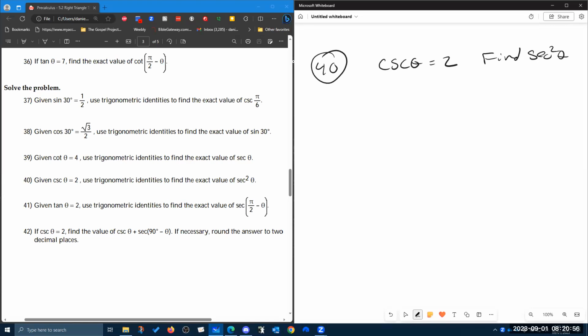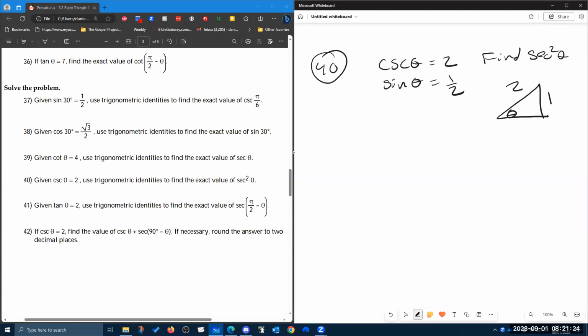So let's do that. If I can change this into sine, then I can say that, let's use my definition here. Here's theta, here's 1 and here's 2, like so.